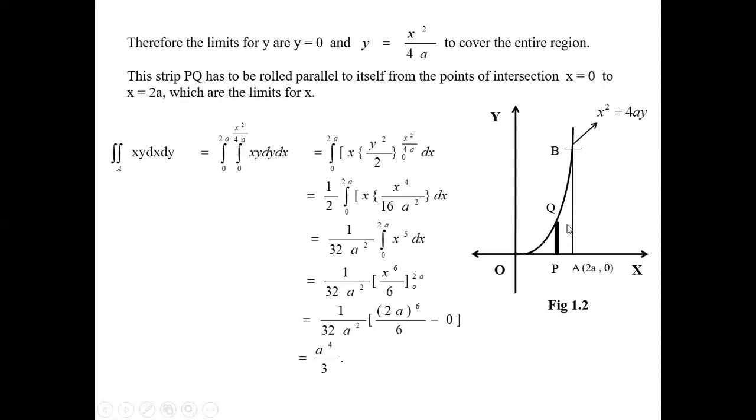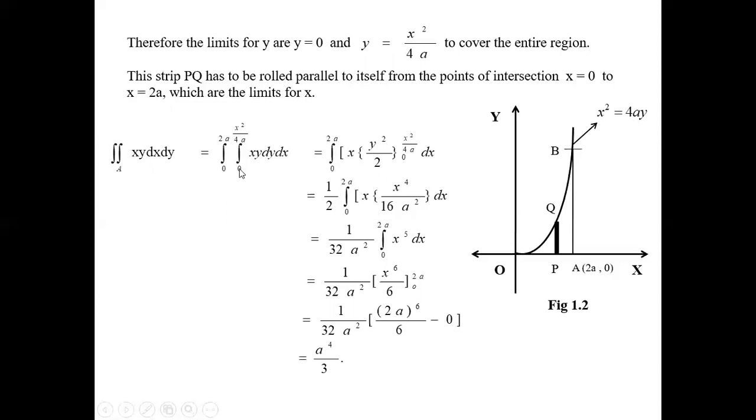We have seen that the limits for y are y equal to 0 and y is equal to x square upon 4a. So here you are taking a strip PQ parallel to y-axis. The lower end of that PQ lies on the x-axis where y is equal to 0. So therefore, y is equal to 0 to this Q where you have y is equal to x square upon 4a.